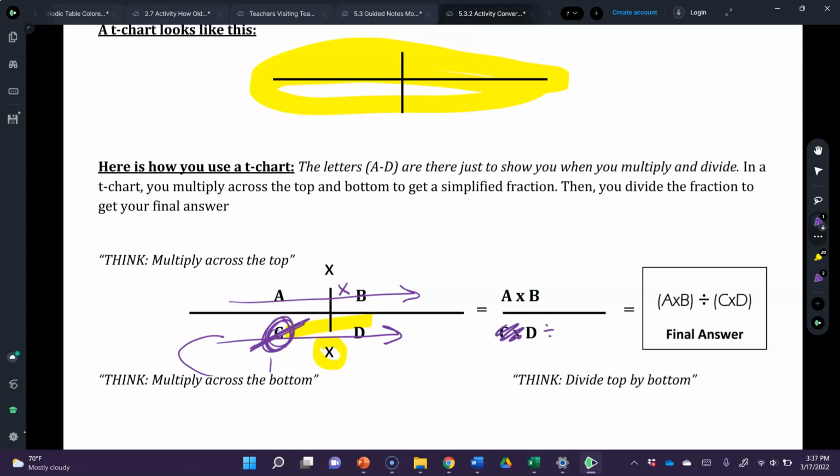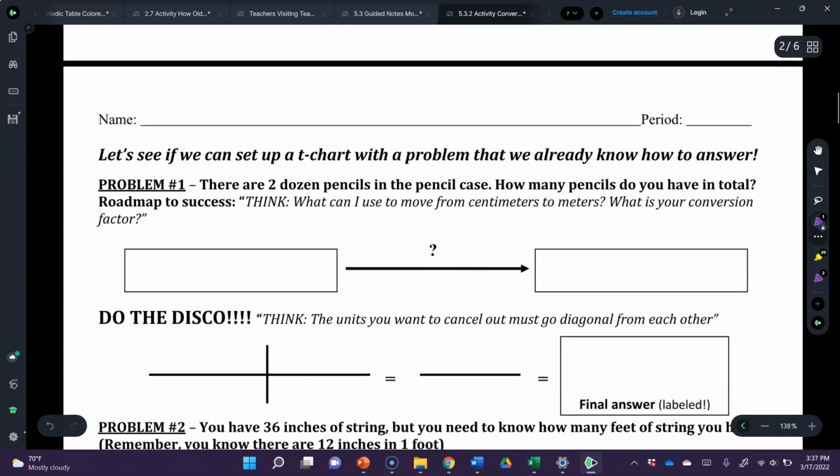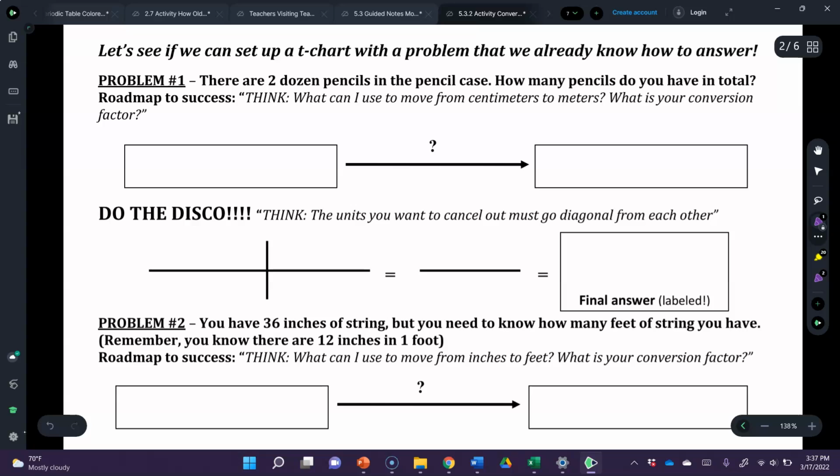So when you put it into your calculator, you would multiply this, technically, and then divide by the bottom. This will come in handy when you're doing multiple step conversions, and if you're putting it all in the same T-chart or train track.